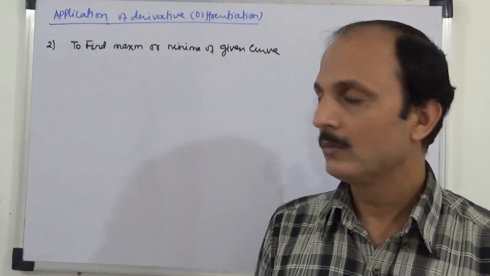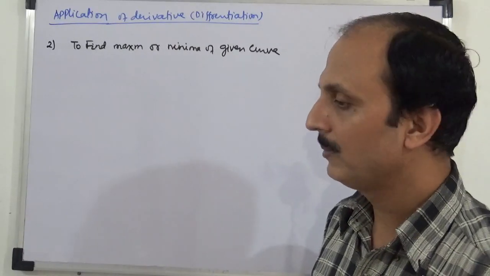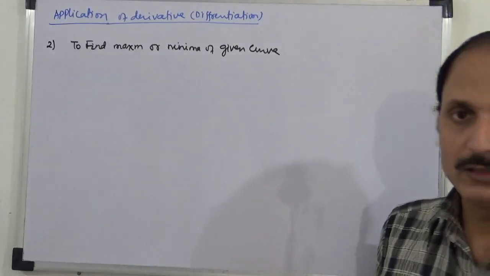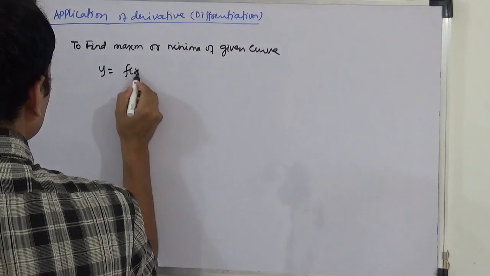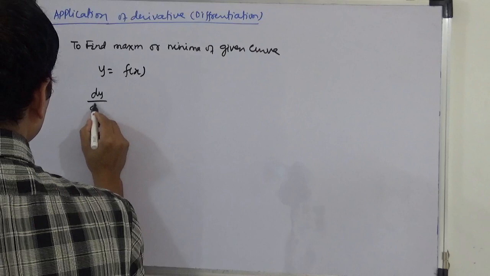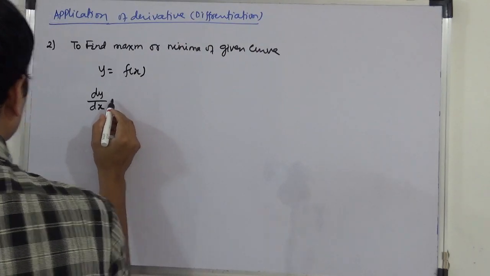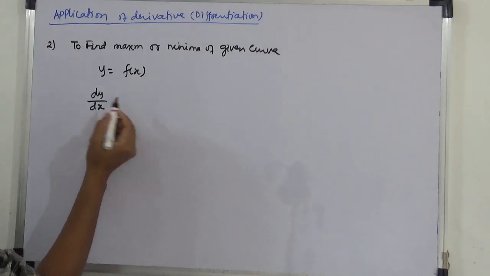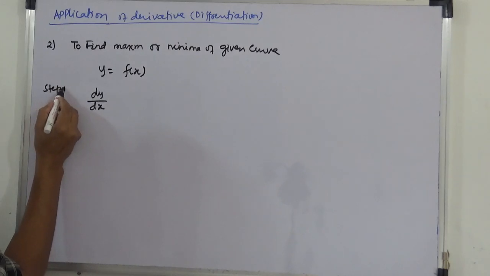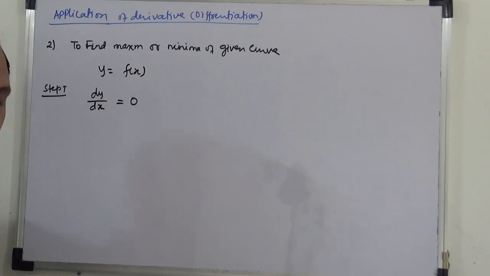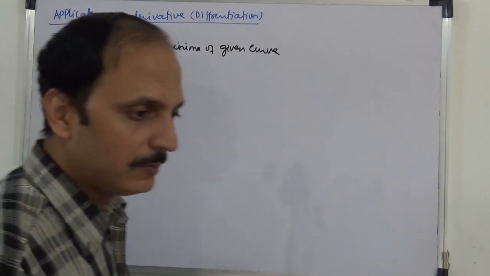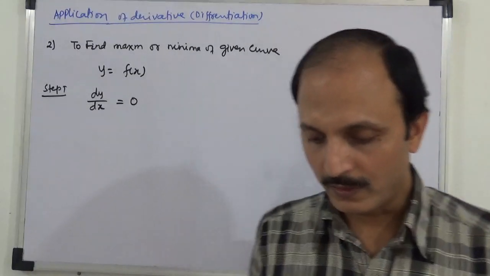Okay. So here, to find the maxima and minima, let's say we have y is equal to f(x) given, it's a curve. So what you have to do? Step 1, you have to find dy by dx and make this equal to 0 to find maxima and minima. Its exact proof we are not going to do right now.